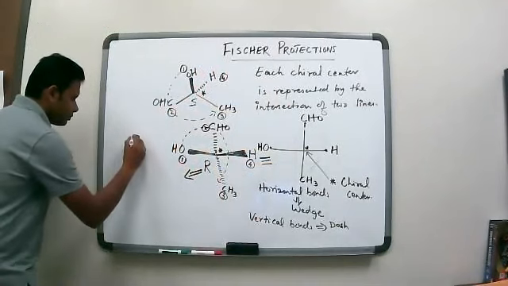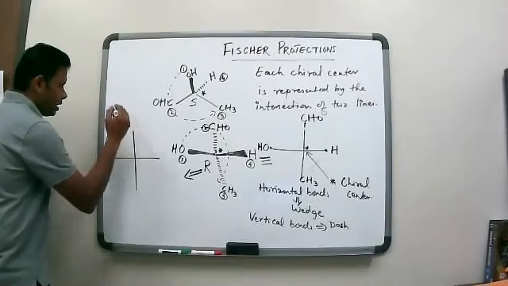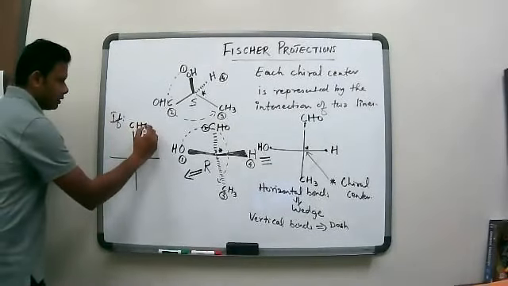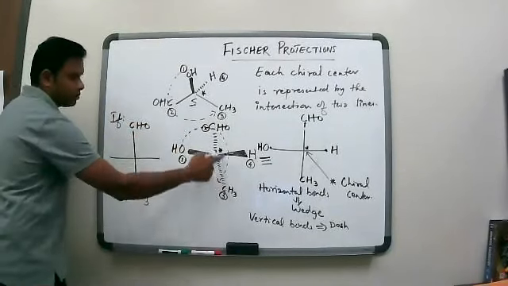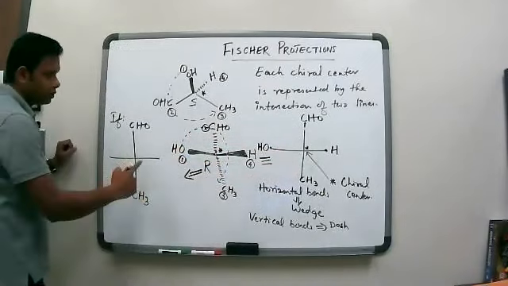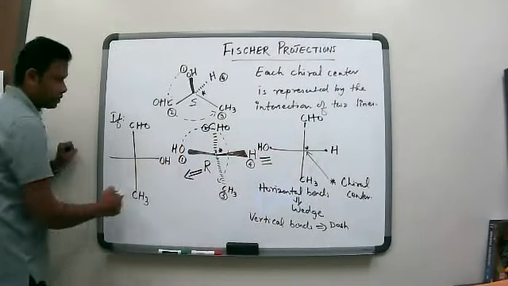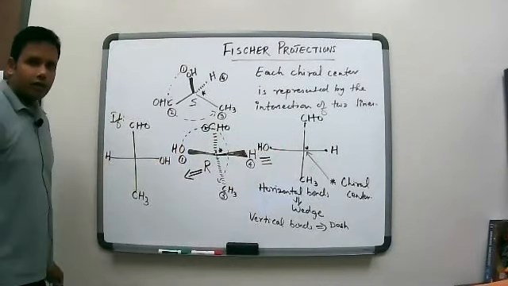Okay, this is an if: if I did this, aldehyde, methyl, so I've kept the aldehyde and the methyl at the same position, but what I'm going to do is swap these two. So I'm going to put the hydroxyl on the right-hand side and the hydrogen on the left-hand side.